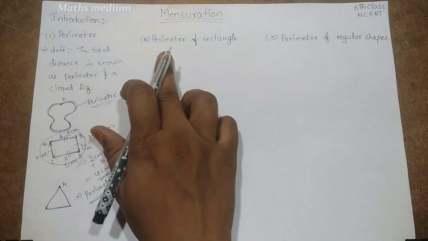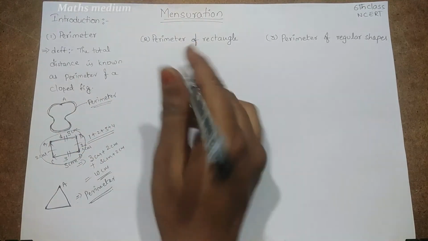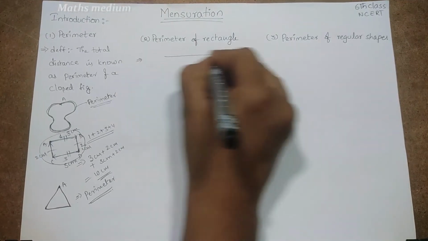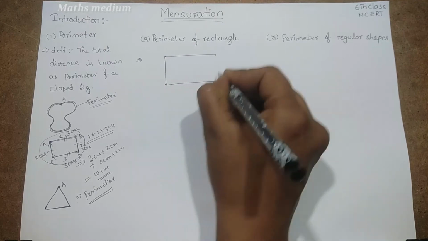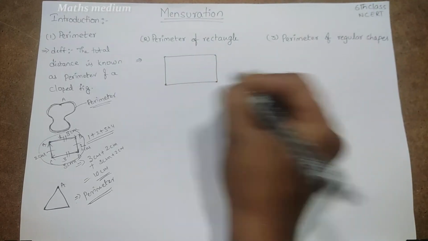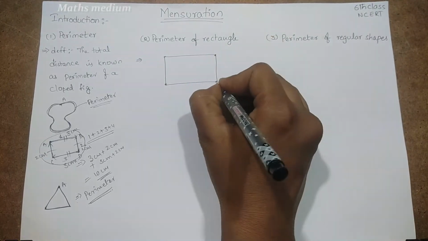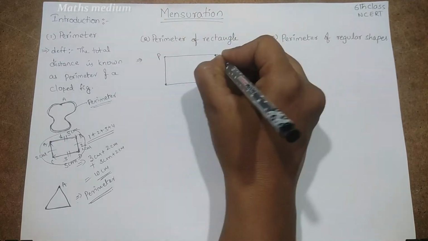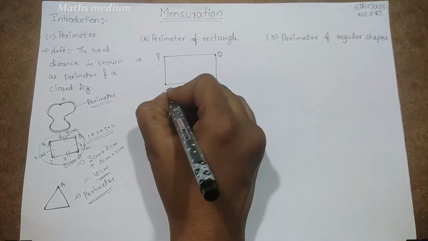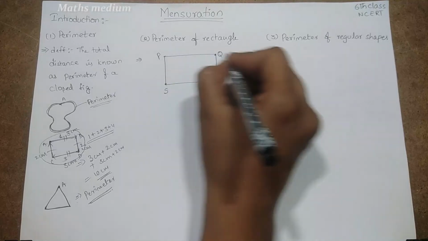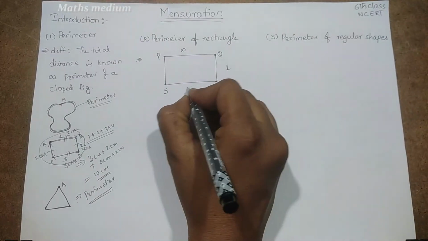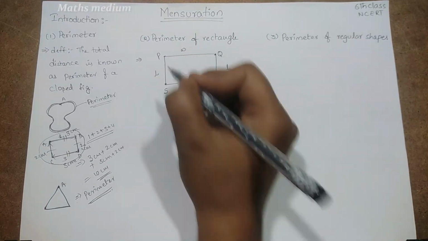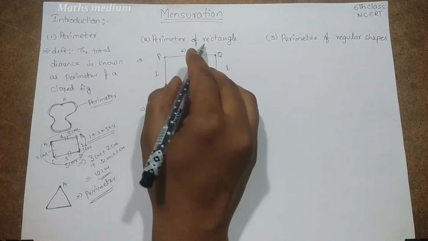Now see the perimeter of a rectangle. Take the rectangle like this. Now these vertices I am naming as P, Q, R, S. Now see, this is the length and this is the width. Here also we have width and this is the length. Now how do we measure the perimeter of a rectangle?